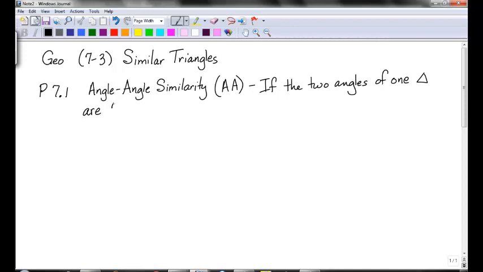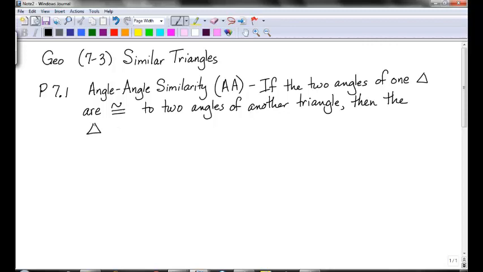So on this one, if the two angles of one triangle are, and use the symbol for congruence, congruent to two angles of another triangle, then the triangles, just use the symbol for triangles, then the triangles are, and remember the new symbol for similar is just a little curve.